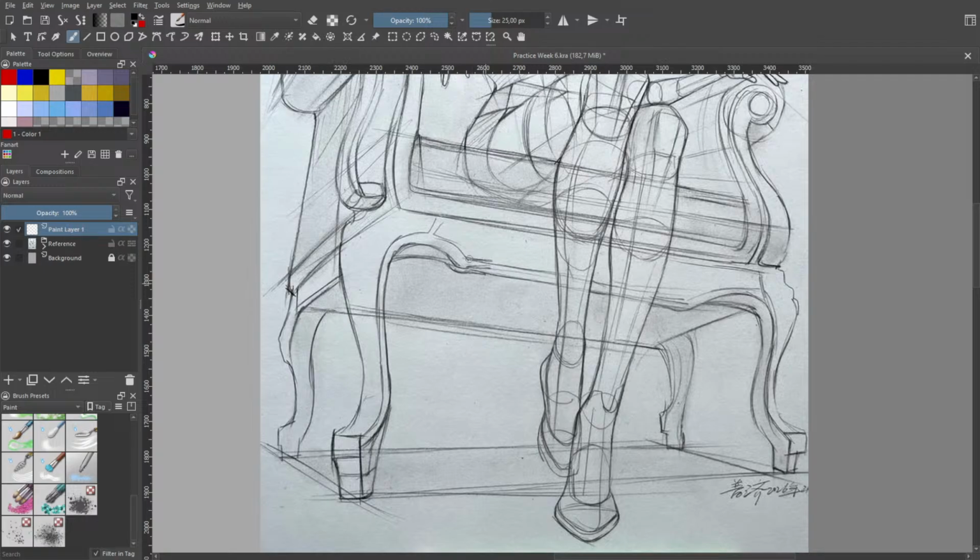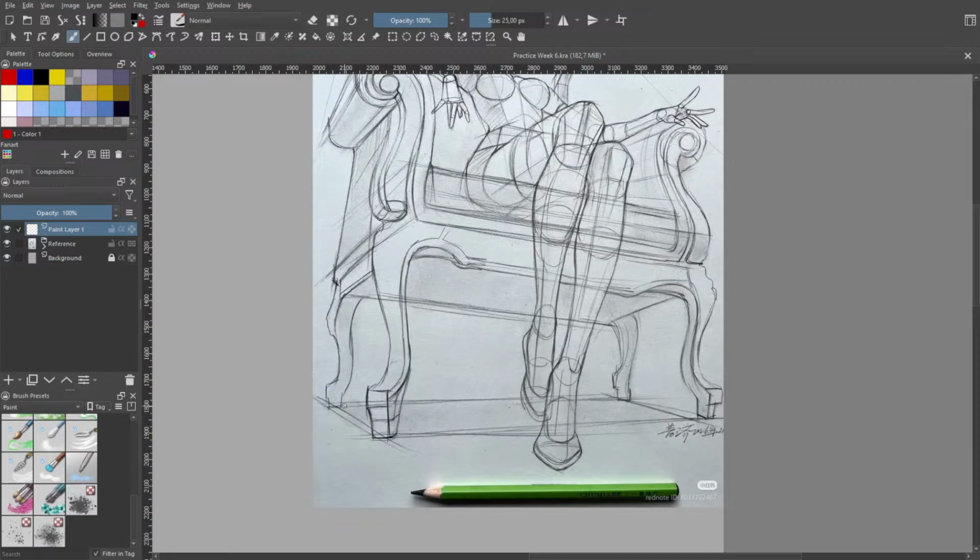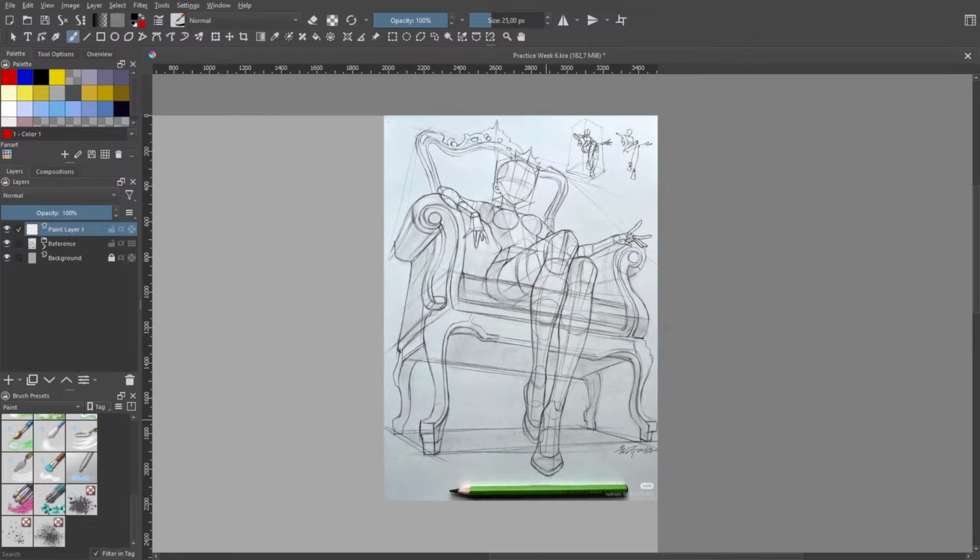How do you draw like this? I can see some construction going on here with a rudimentary perspective grid. Or maybe it's just to roughly line up the supports of the chair.